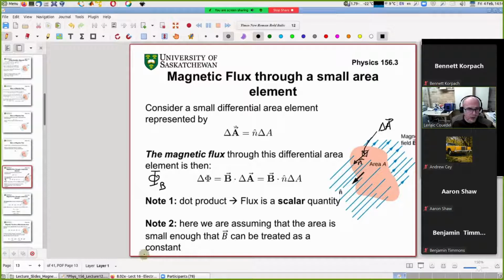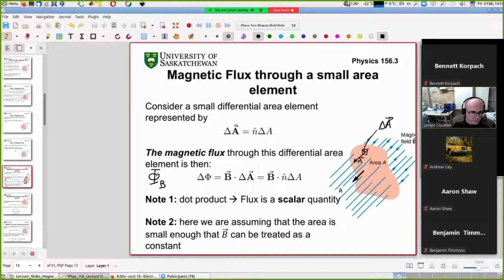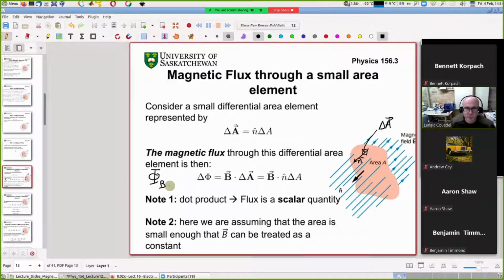I will do that in the next slide actually. In the next slide, when there can be a confusion, I will write phi B instead of just phi. But here there is no confusion because we're just dealing with the magnetic field.